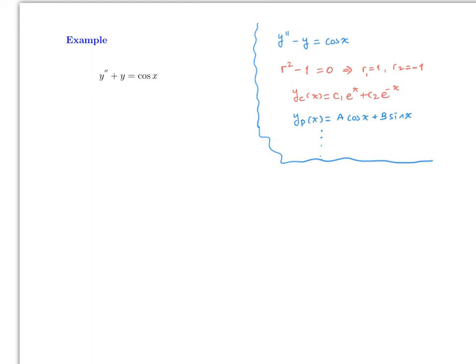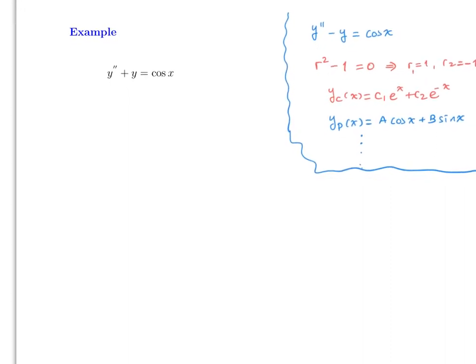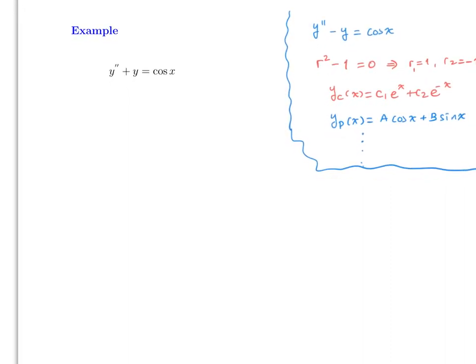Now, if you look at the problem we're trying to solve, something very interesting is going to happen, and if you don't notice that, you're never going to get the question right. So here it is. From here, the homogeneous solution, okay, we're going to have r squared plus 1 equals 0, which means that r equals plus or minus i.